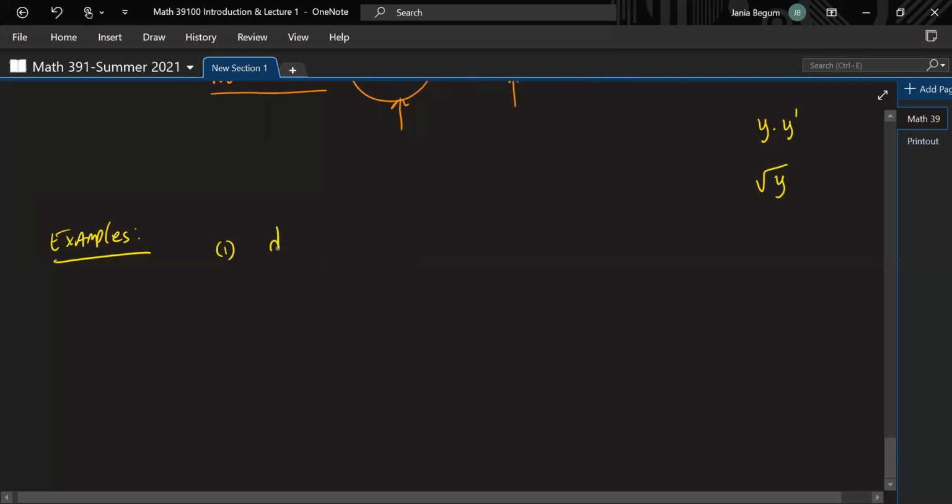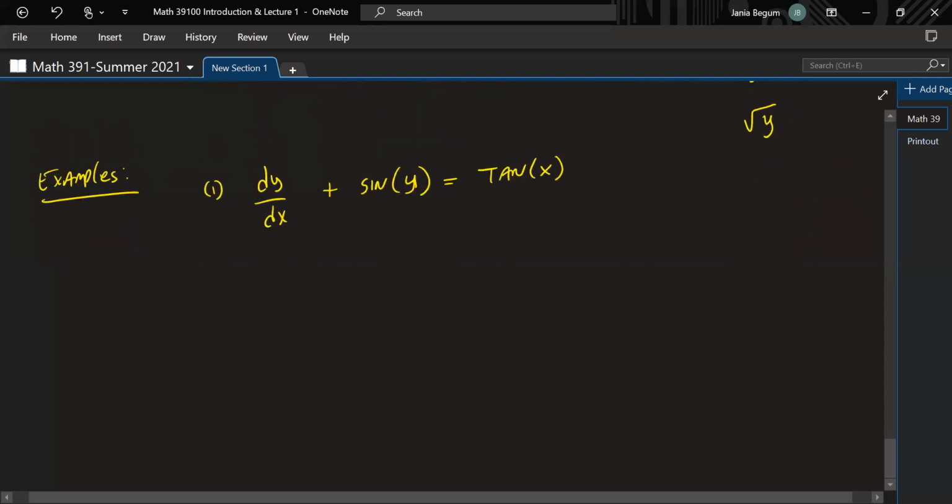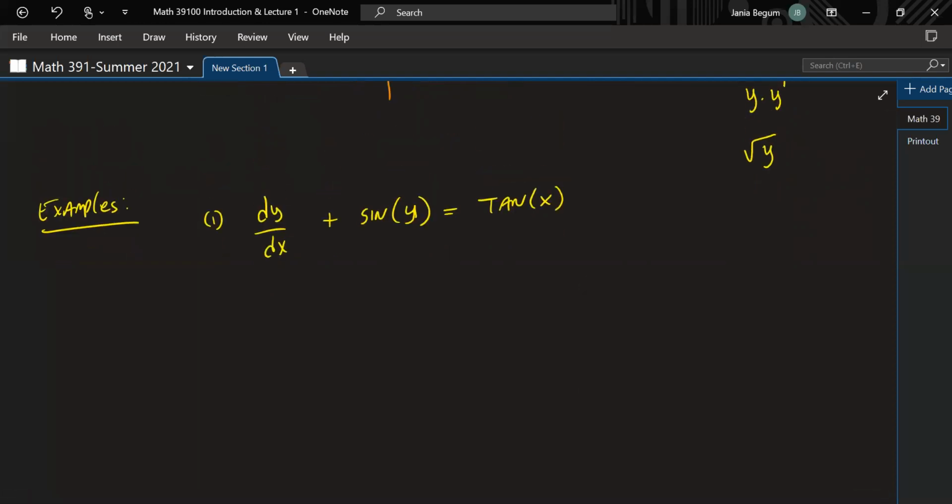Say you have dy/dx plus sine of y is equal to tangent of x. So I want you to tell me if this is an ordinary or a partial differential equation, what is the order of the equation, and if it's linear or nonlinear. So four things you're jotting down for this equation.